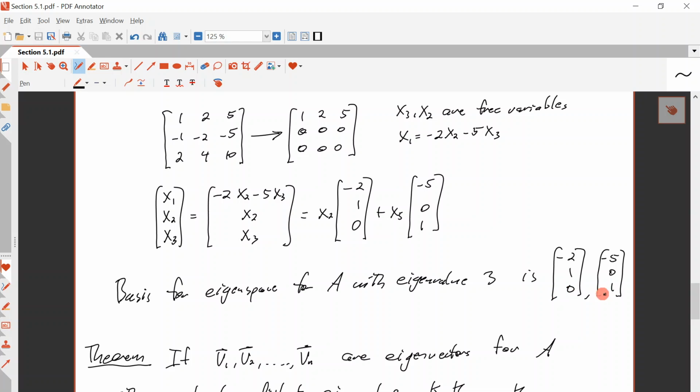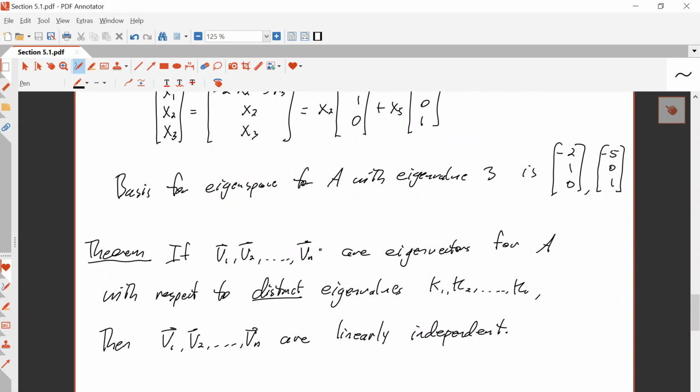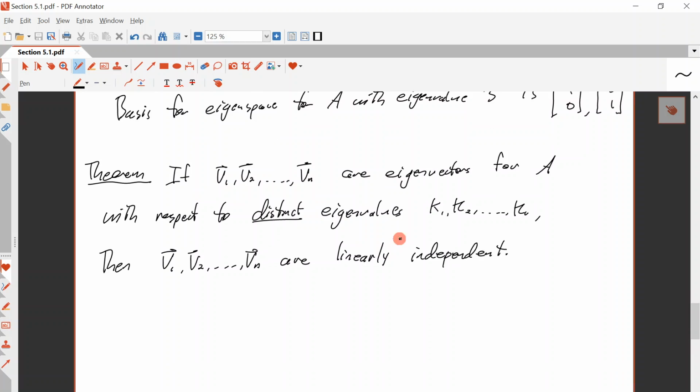These are two linearly independent vectors with respect to the same eigenvalue in the matrix. But you don't necessarily have to have that, because the dimension of the eigenspace might be just 1 rather than more than 1. But if you have distinct eigenvalues K1 to Kn and an eigenvector for each one, then they have to be linearly independent.